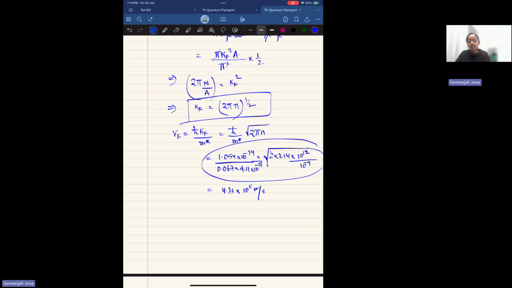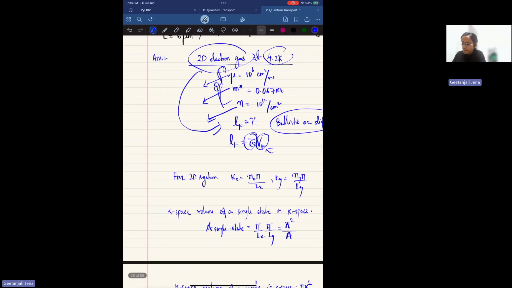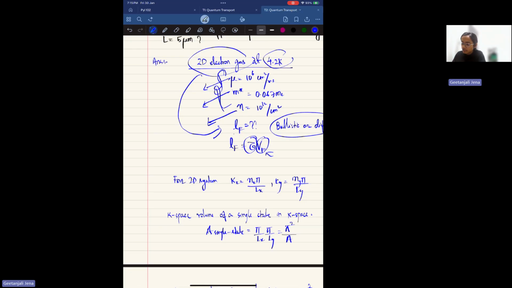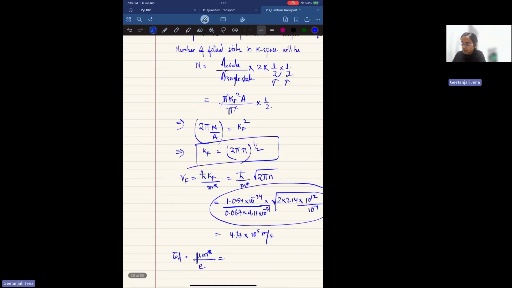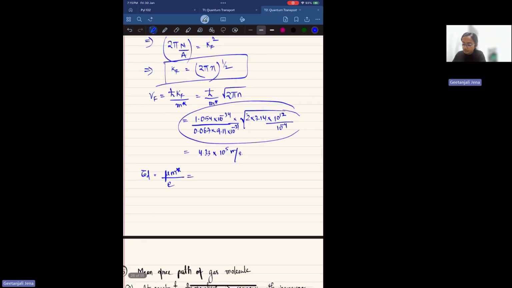So we have calculated the Fermi wave vector, and the Fermi velocity from the Fermi wave vector. Now what we need is the scattering time. So tau is μ m star over e. This relation we already know. Mobility is given as 10 to the 6 and m star is 0.067 me.